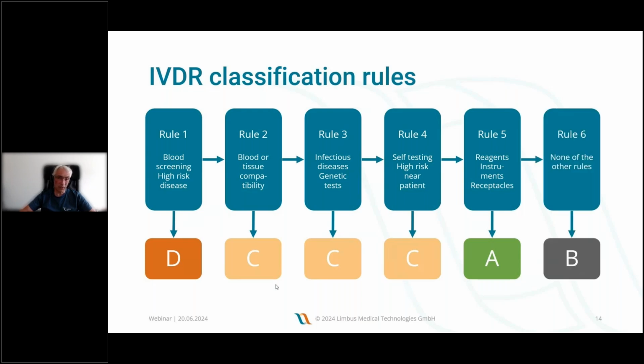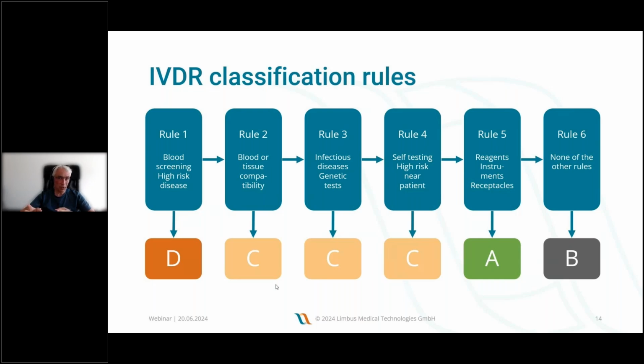Then in the end, if none of those rules apply, there's a catch-all rule, number 6, and this allows you to classify your device as class B. But all devices in all risk classes except class A have to undergo conformity assessment by a notified body.